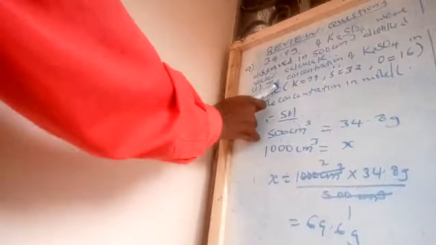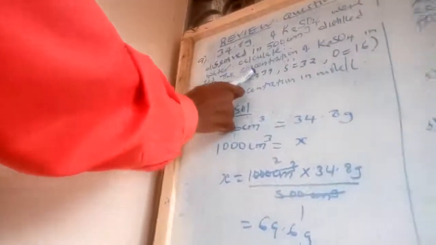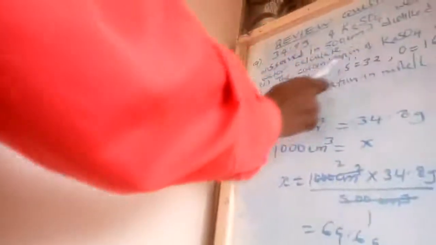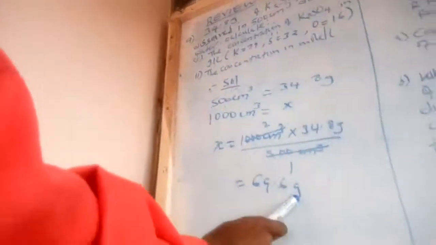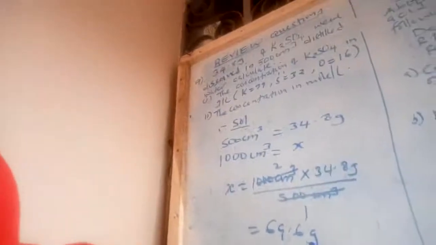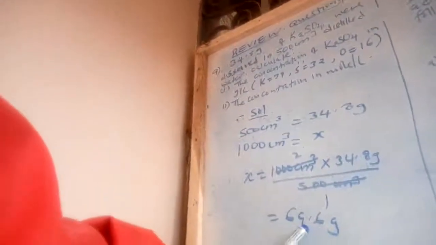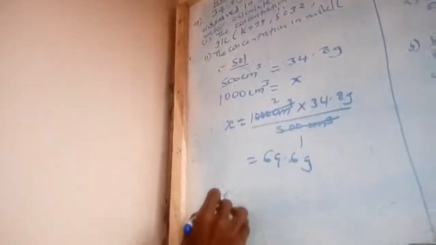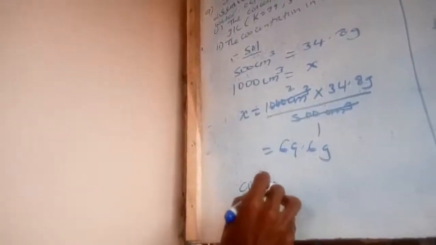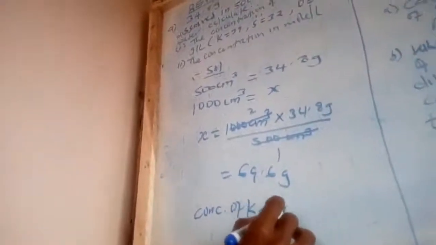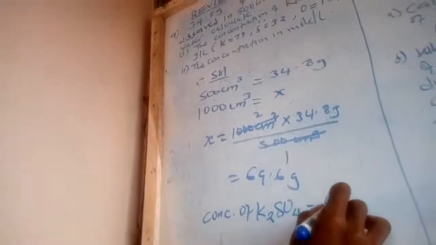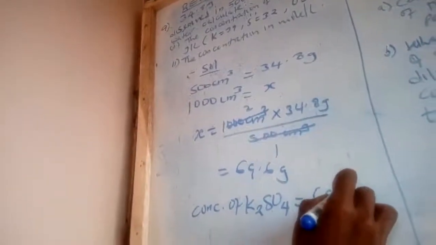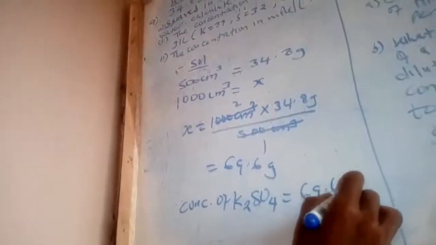And therefore in the first part of the question, it is well illustrated. The question asks the concentration of potassium sulfate in grams per liter, and therefore this is the amount of potassium sulfate in grams which is supposed to be dissolved in 1 liter of a solution. How do we write the concentration? The concentration of potassium sulfate becomes 69.6 grams per liter.